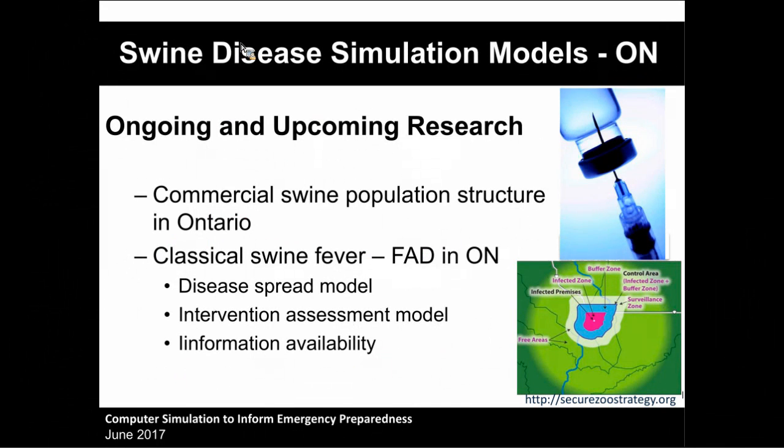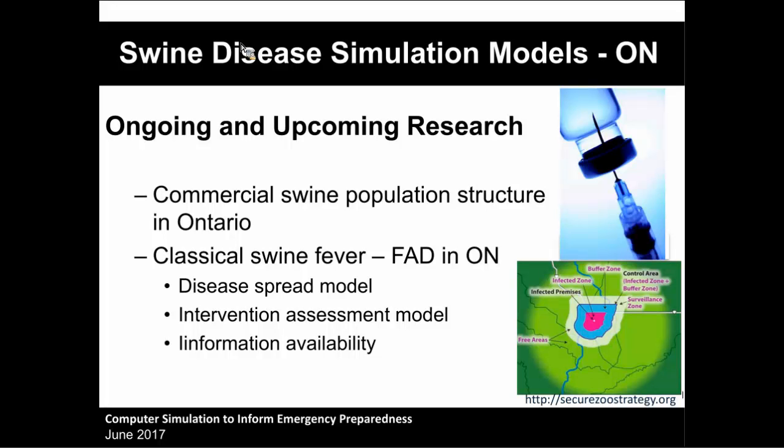So now let's talk about our ongoing and upcoming research. As you've seen previously, because of the privacy issues, getting the right population structure for the pig farms in Ontario is difficult. Farmers do not want to reveal their location because of privacy reasons.